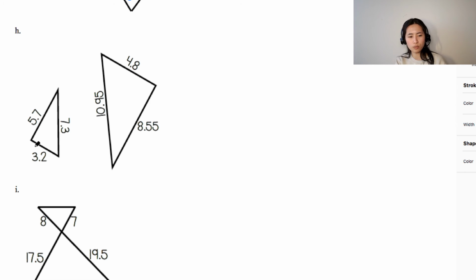So let's do that. We know that it's 3.2. If you're comparing 3.2, then you're supposed to compare that with 4.8. So I'm setting up my ratio, and the next longer side would be 5.7 and 8.55.